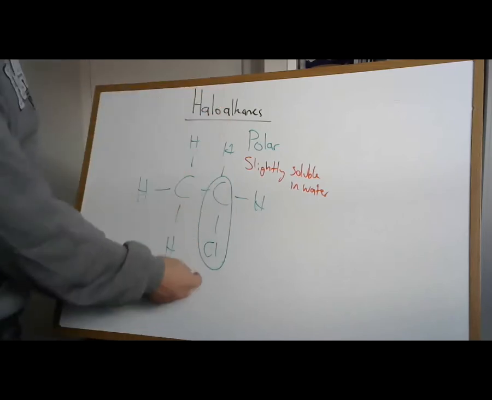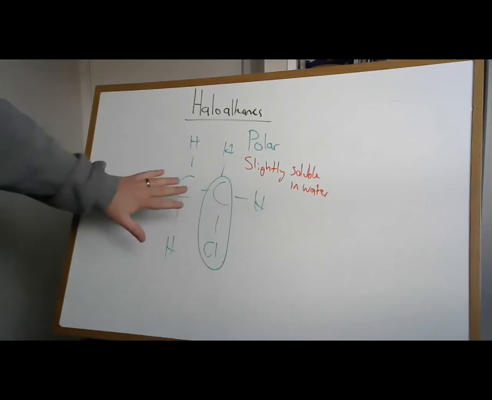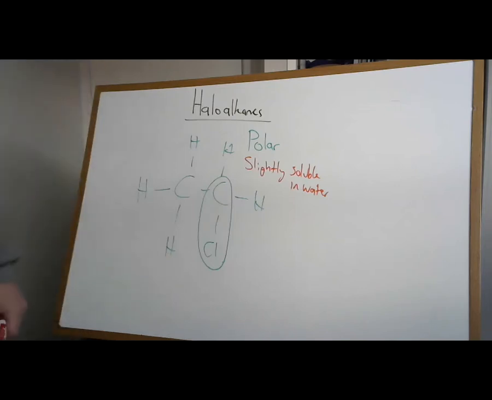This bond here between the halogen and carbon is slightly polar, but it's not very polar, so it's only slightly soluble in water. It's one of the few occasions where in chemistry we use vague terms, so slightly, very, barely, sparsely. Words used to describe solubility.